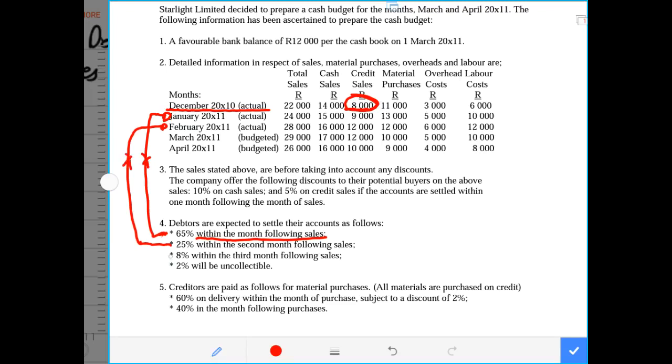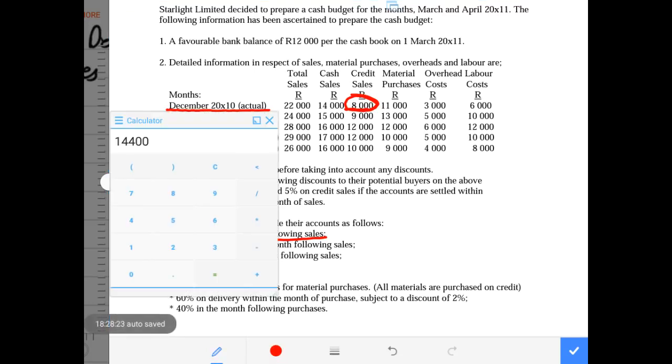However, 8% of the sales of December will be collected in the third month, which is March, and we are doing a budget for March.